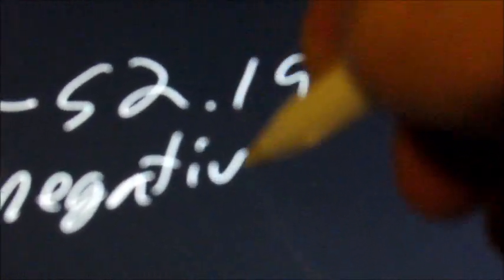Next, we're going to do more of naming the numbers. So let's say we have negative 52.193. Here, we have to say the word. When you put it in, you're going to have to put in negative 52. Now with the decimal, that's where we put and.